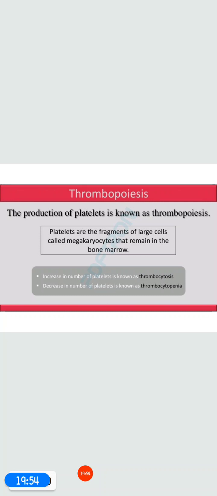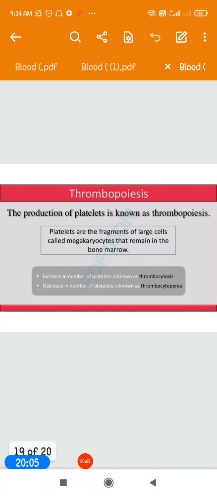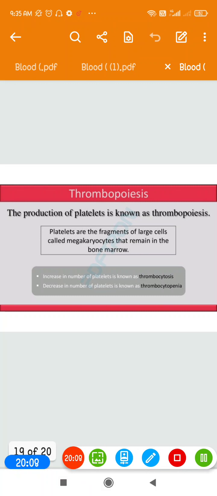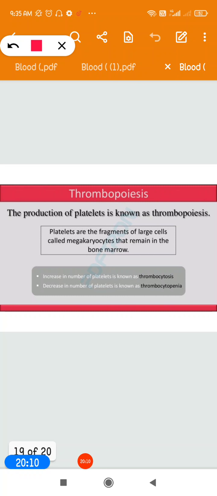Now I come to the production of platelets. The production of platelets is known as thrombopoiesis. The platelets are the fragments of the large cells called megakaryocytes that remain in bone marrow.